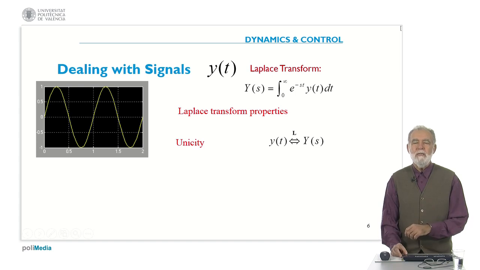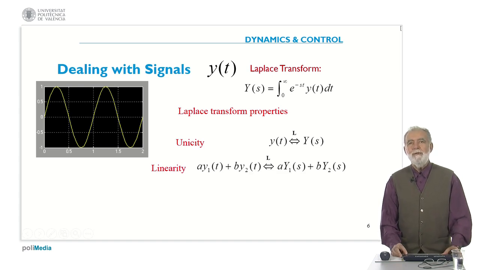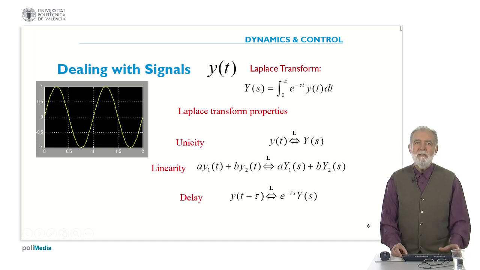If you have a Laplace transform, the original function on time is also unique. It's a linear operator. What that means that if you apply the Laplace transform to the linear combination of signals, y1 and y2, then the Laplace transform is also the same linear combination of the transforms of these signals.